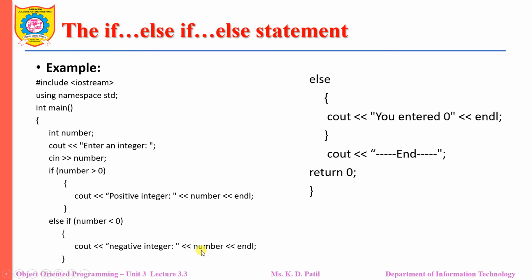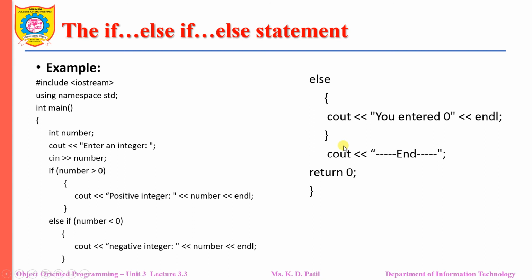Now let us consider the number is not positive and not negative, but the number I have entered is 0. That number will be compared here. Is 0 greater than 0? No, condition false. So control will move here. Now again it will be checked: is 0 less than 0? No, then control will come towards the else statement, and the output, that is, you have entered 0, will be printed on the screen.